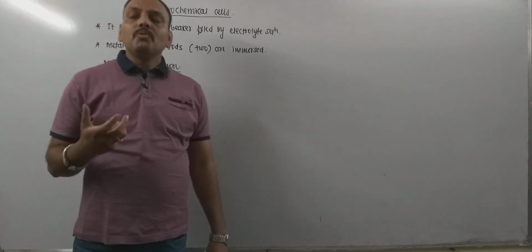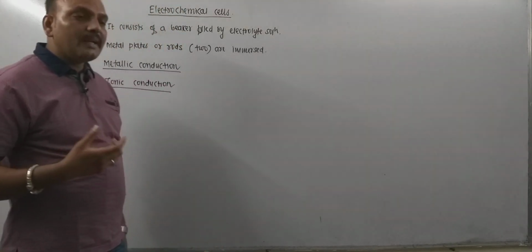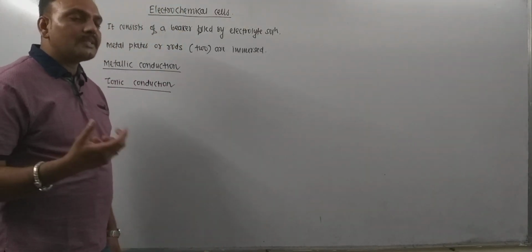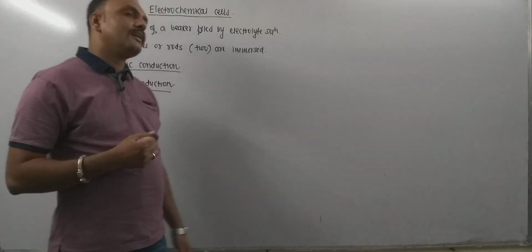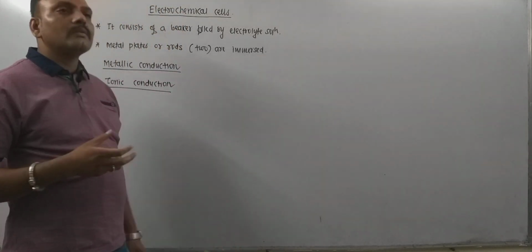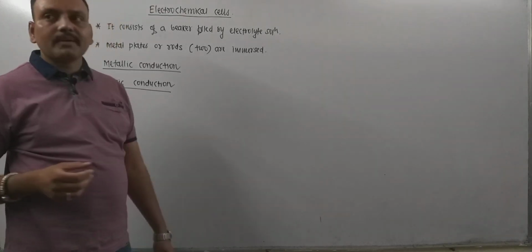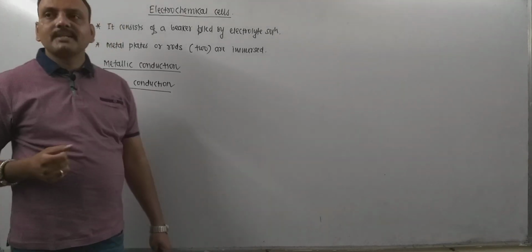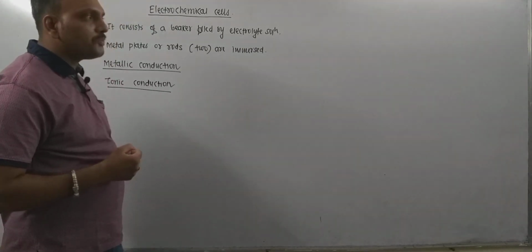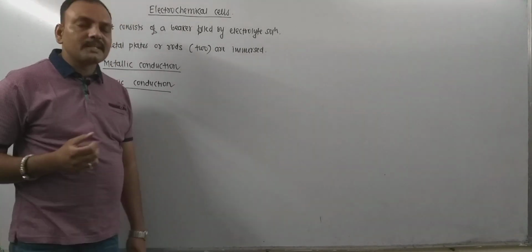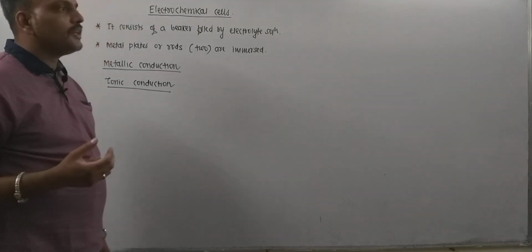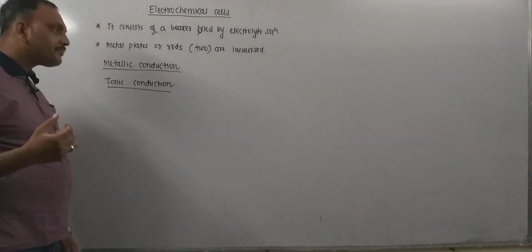Ions tend to move towards opposite electrodes, cations which are positively charged migrate to the negatively charged electrode, and anions go towards the positively charged electrode. So, there is an attraction between oppositely charged species, and due to migration of ions, conduction takes place.